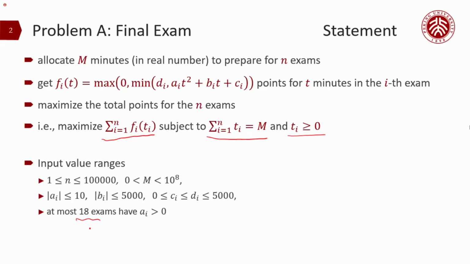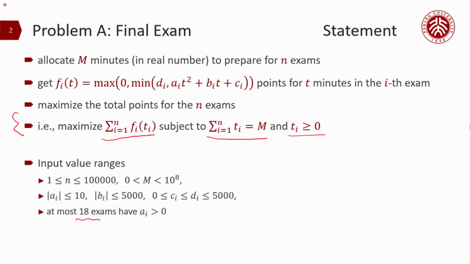One number we should pay attention to is that at most 18 exams have the coefficient a_i greater than 0. If you find that we need to solve this optimization problem, then we know that there should be some property to analyze.